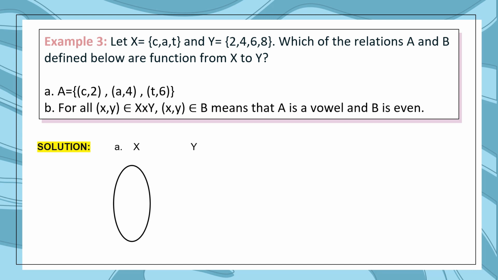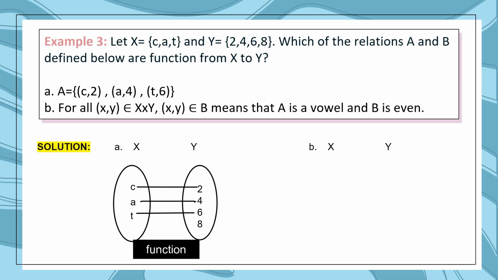Solution. We have here the set of (x, y) for letter A. T is paired with 6, A is paired with 4, and C is paired with 2. Letter A is a function because it satisfies the property of a function.